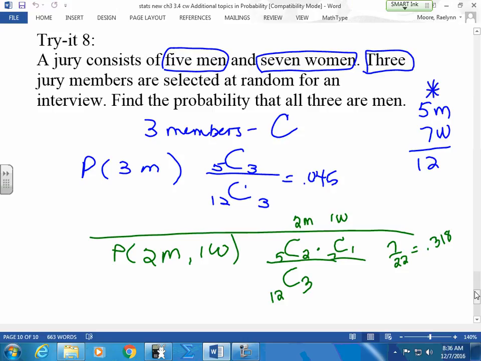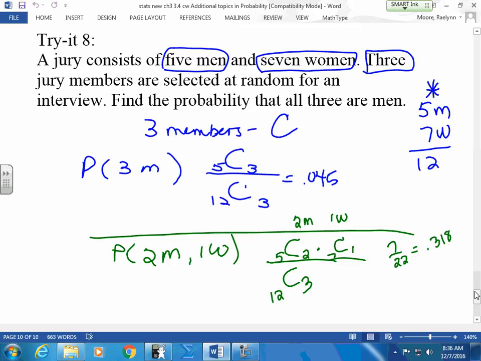Combinations, and any of them that you do, the first thing you want to do is decide, does order matter? If order matters, start with the P on your paper. If order doesn't matter, start with the C. Look at the numbers they give you. Why did they tell me 5 men, 7 women? What do they add up to? How many do I want? That's what's going to be on the right side of my thing. What is it I'm looking for?